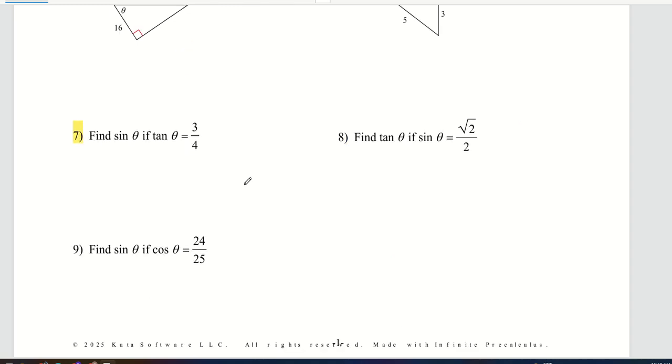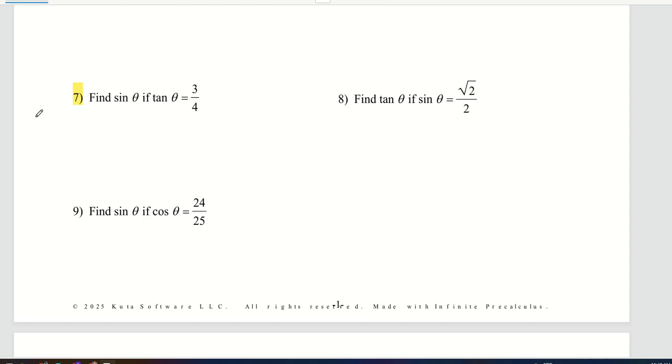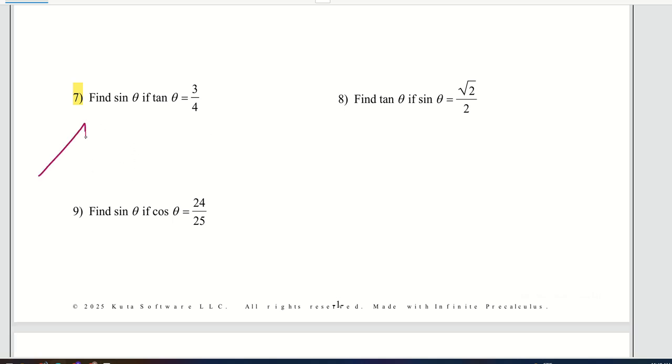All right, the next one that we're going to work with is not a diagram. We just need to build our own triangle. It doesn't matter how you build it. I'm just going to build a triangle and stick theta here. In relation to this angle theta, its opposite is 3 and its adjacent is 4, because tangent of theta is opposite over adjacent, 3 over 4.